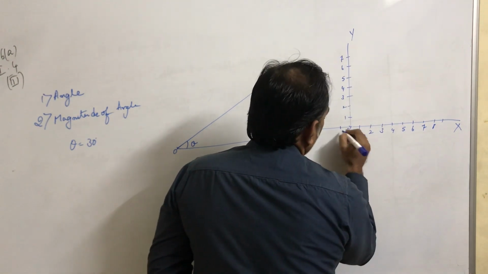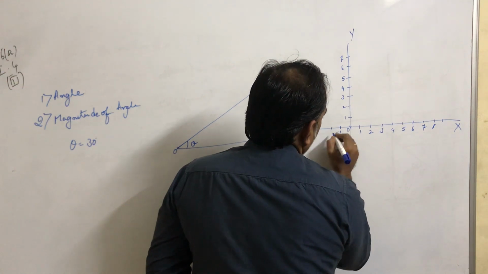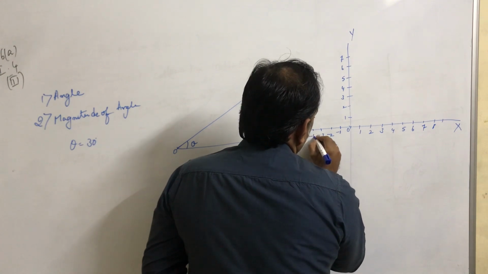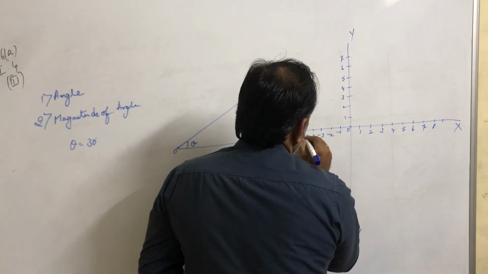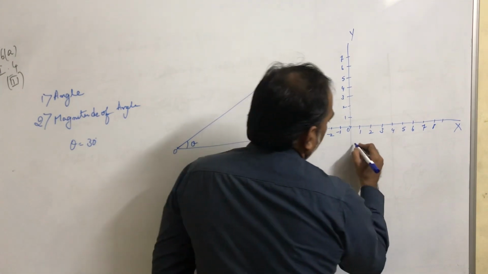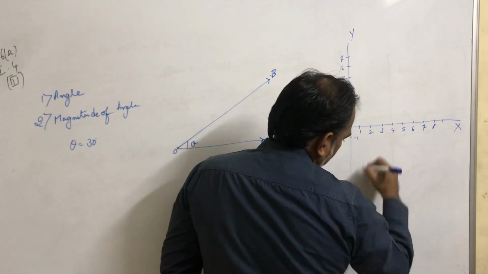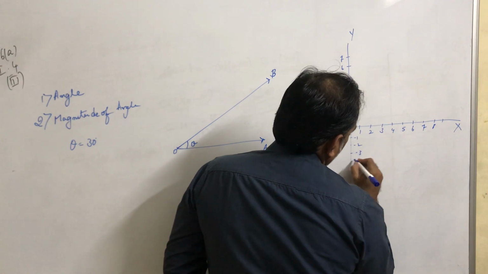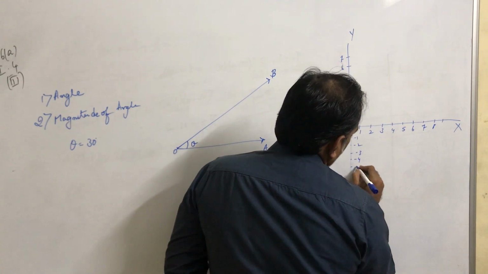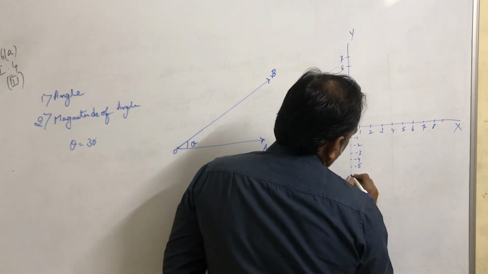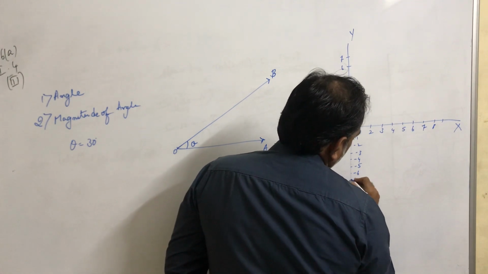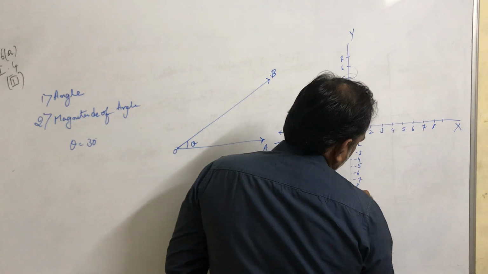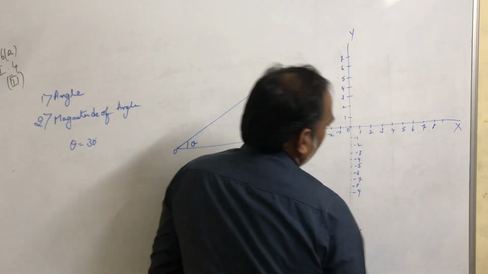In the negative x, this is minus 1, minus 2, minus 3, minus 4, minus 5 and so on. And in the negative y direction, minus 1, minus 2, minus 3, and so on.